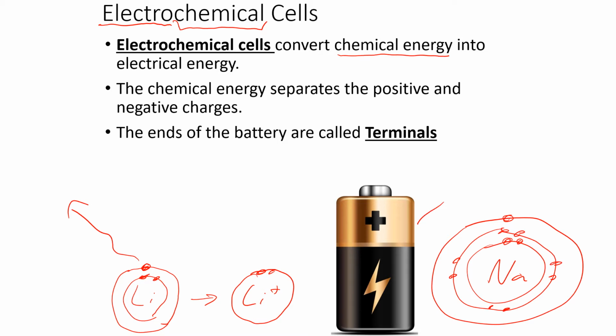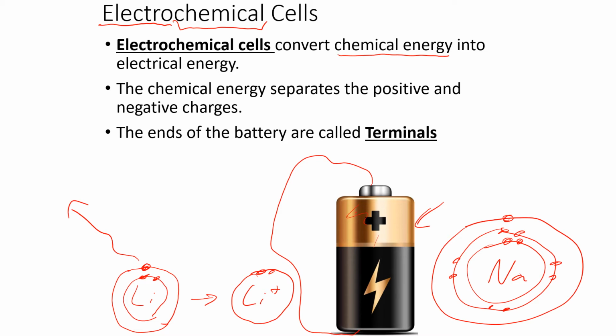So when you have what we would normally call a battery right here, there's a whole bunch of chemicals inside of it. And these chemicals inside want to react, but they're unable to react with each other inside this battery. But if we connect a wire that goes from one side to the other side, then they're able to react.